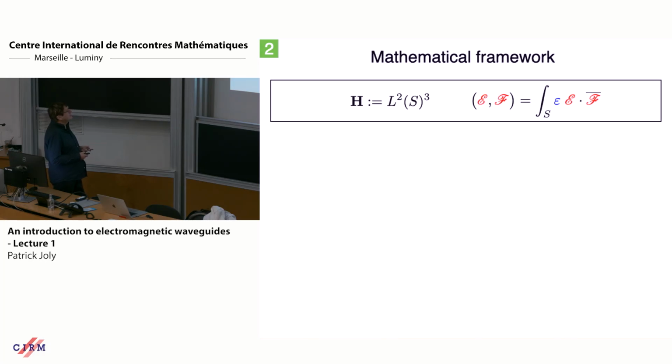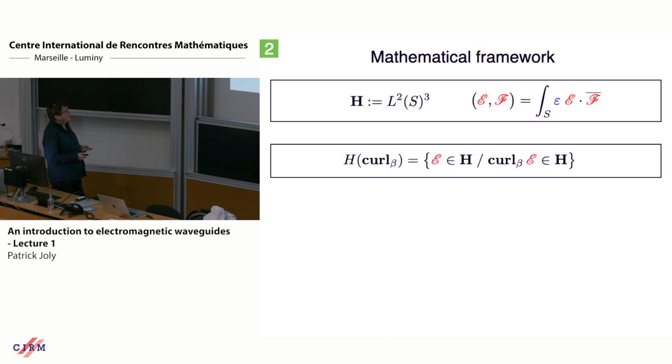As you can expect, maybe, you have to work in the space L2 to the power 3 with a weighted inner product associated to epsilon, the permittivity of the medium. And so it's natural to introduce the H curl beta space of vector fields in L2, whose curl beta is also in L2. And implicitly, it is a Hilbert space for the corresponding graph norm.